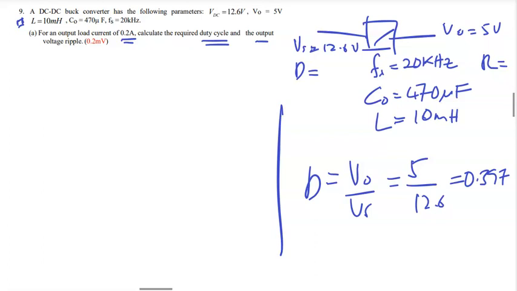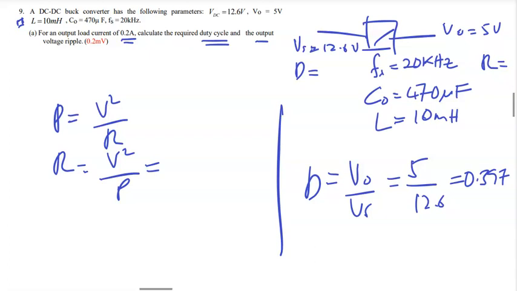Okay, for the other part, which is our R. We have P equal to V squared over R, or R is equal to V squared over P. Or we have another formula, P equal to VI, but we still don't have the P. We have only V and I. Current is given, so we can use the formula V equal to IR.